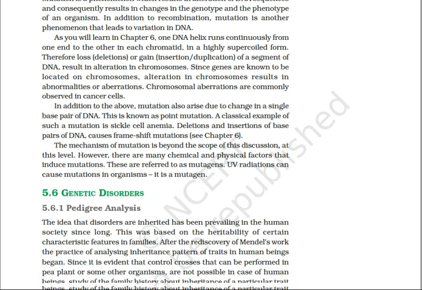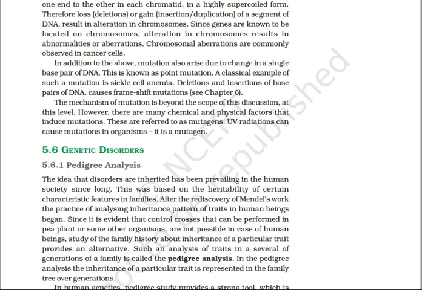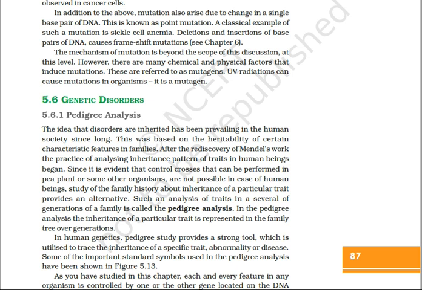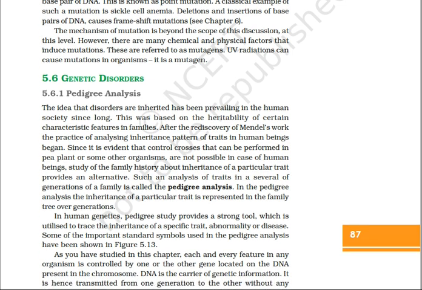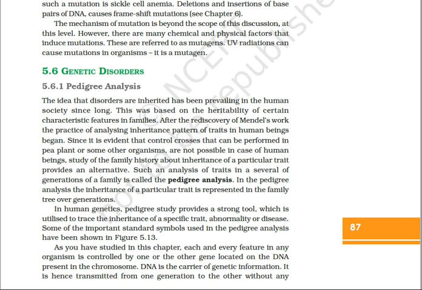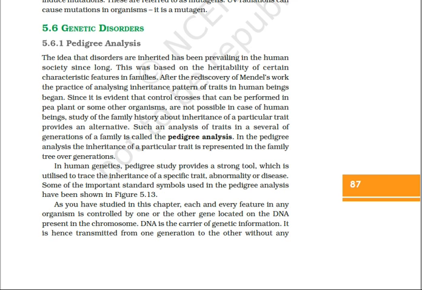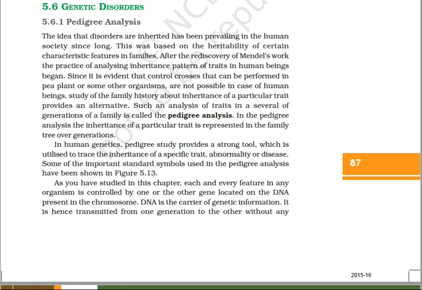Then we move on to the next topic, that is the genetic disorders or the pedigree analysis. It is not possible to perform genetic experiments in human beings the way they were done in peas, flies or other organisms. But at the same time, human heredity is very important from a biological, medical and anthropological point of view.